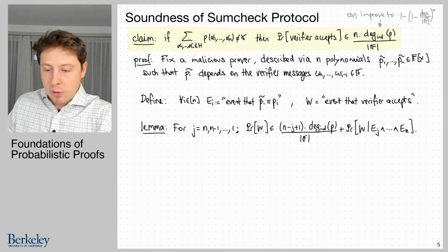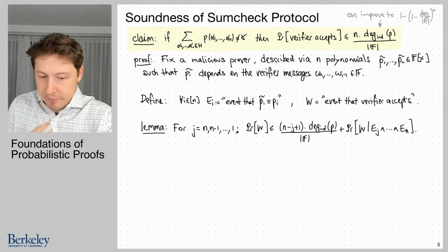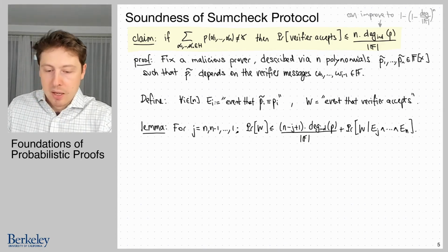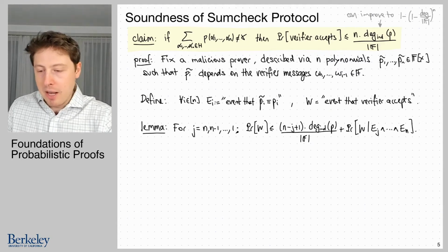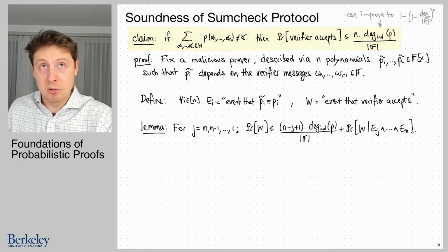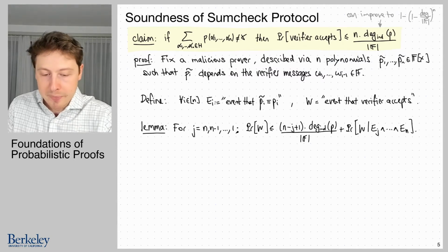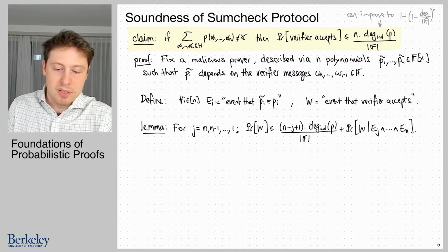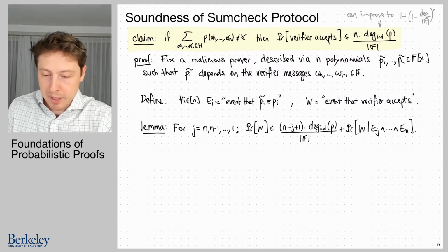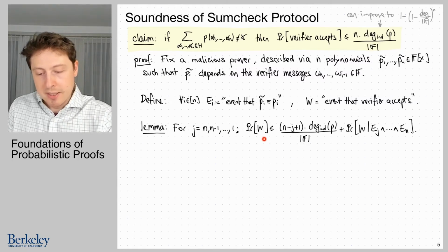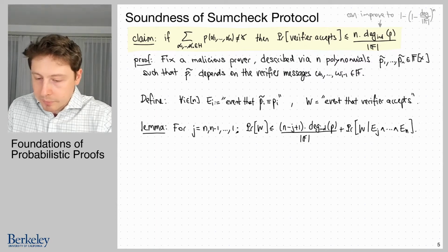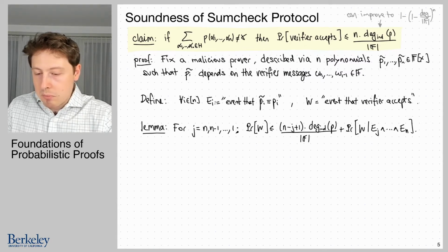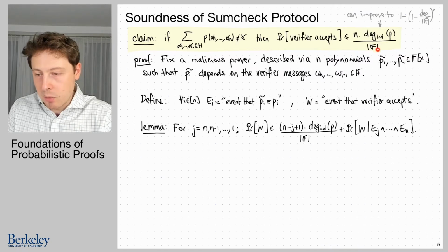So we're going to prove a lemma, okay, by induction. Let me go through the lemma and first show you that this lemma suffices to conclude the proof. And then we're going to prove this lemma. Now the lemma says the following. Given some variable j, ranging from n-1 down to 1, okay? Then the probability that the verifier accepts is at most some expression that is reminiscent of the one that we are looking for.